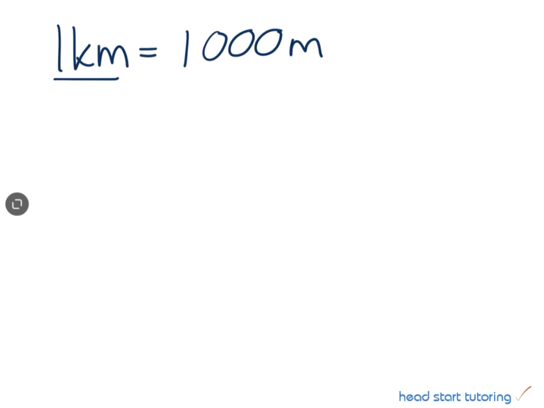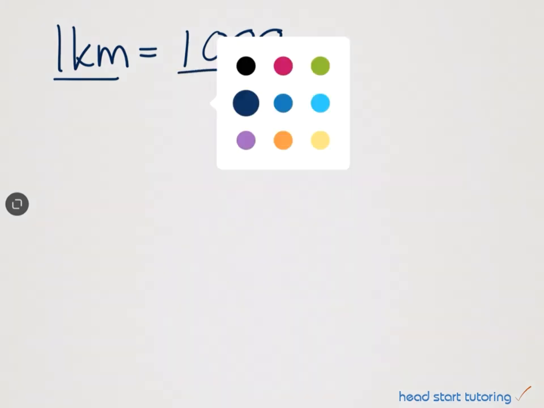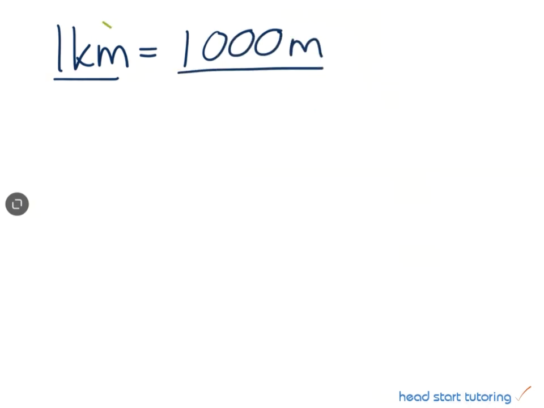One kilometer is equal to 1,000 meters. So when we are going from kilometers into meters, which is going from the big measurement into our smaller measurement, we multiply by 1,000 because our number has to get bigger.